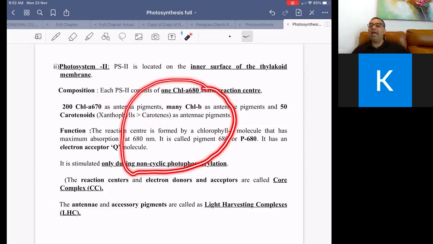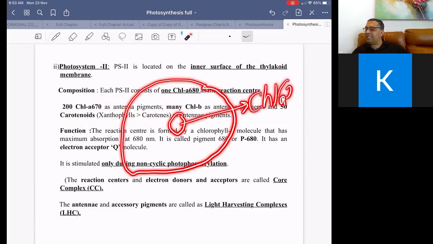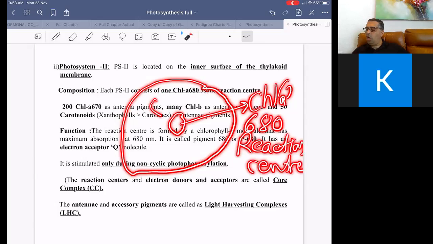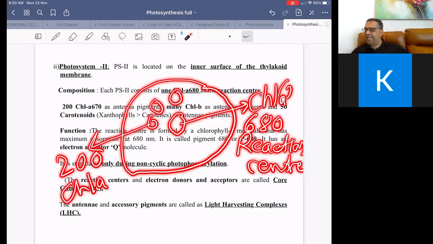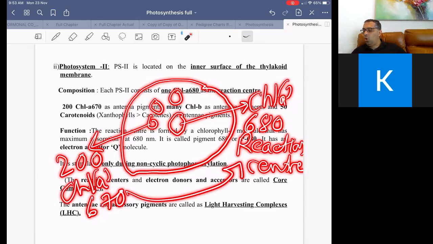PS2 की बात करते हैं. ये है PS2 क्वांटोसोम. ये है सेंट्रल मॉलिक्यूल कॉल्ड क्लोरोफिल A 680. ये है रिएक्शन सेंटर. उसके बाजू में there are lots, about 200 chlorophyll A 670. तो ये 670 वाले chlorophyll A, what wavelength of light they will get excited and jump? 670 nanometer of light पे ही chlorophyll A 670 will get excited and jump and transfer the energy to chlorophyll A, which will act as the reaction center and expel electron at 680 nanometer.